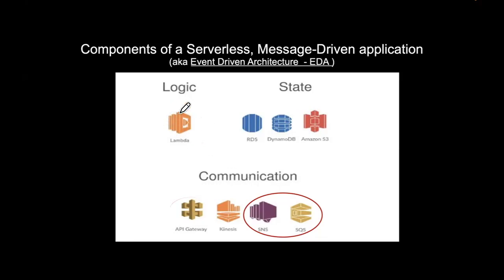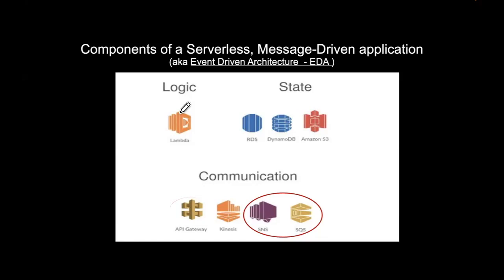But if it's not a serverless application, the compute components could be an actual EC2 instance that is running some subset of an application. It could even be a container running on the Amazon cloud. There are Amazon services specifically for hosting containers.